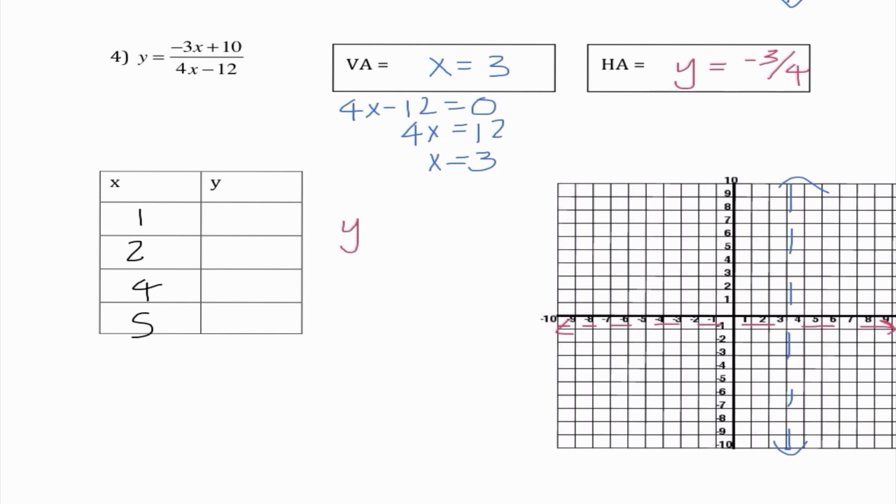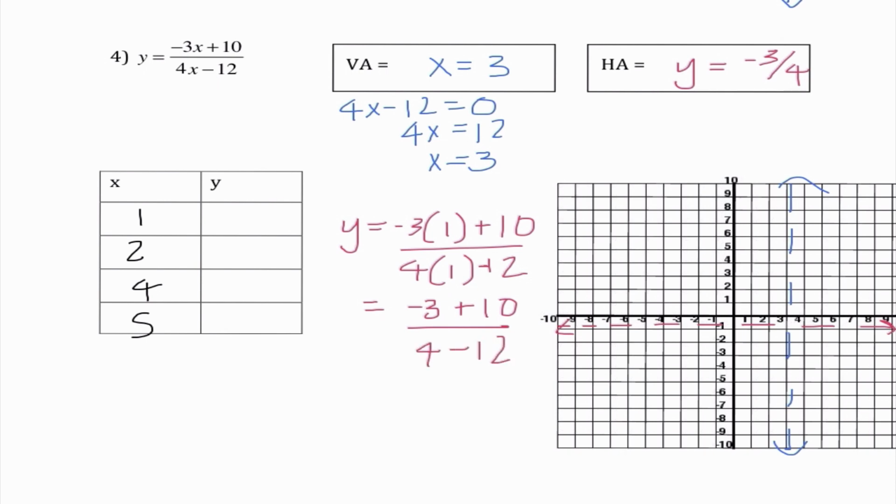So I have y equals negative 3 times 1 plus 10 over 4 times 1 minus 12. So I get negative 3 plus 10 over 4 minus 12. So I get 7 over negative 8.